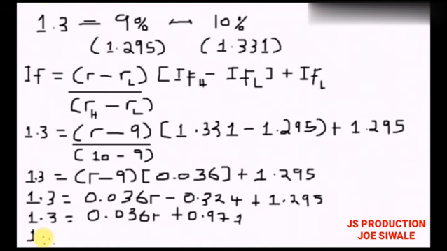Then 0.971 is going to go on the other side of the equation, so that will be 1.3 minus 0.971 is equal to 0.036R. So that is going to be 0.329 is equal to 0.036R.